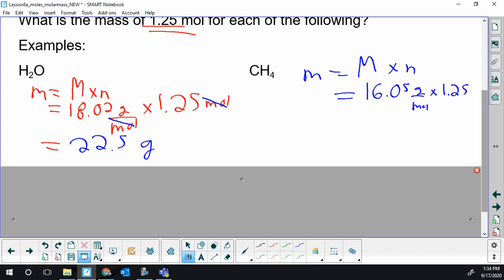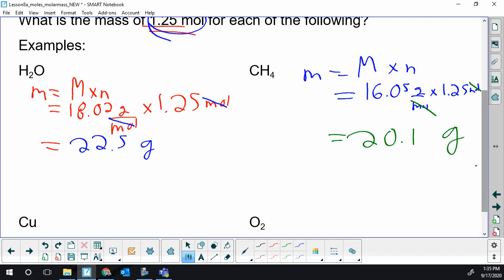Again, we're doing 1 1/4 mole in all of these questions. Again, same unit cancellation. Mole on the top, mole on the bottom, gram didn't cancel. So that's the units of my answer. And this one is 20.1 grams. A mole and 1/4 is a little less for methane than it is for water.